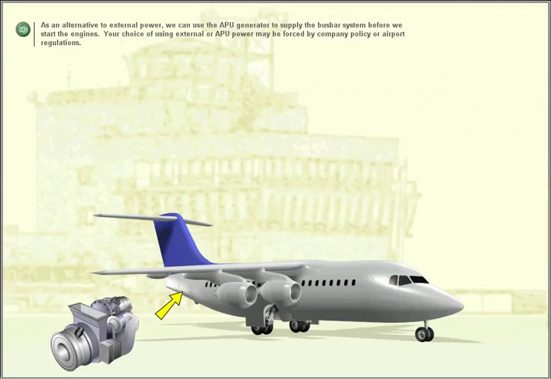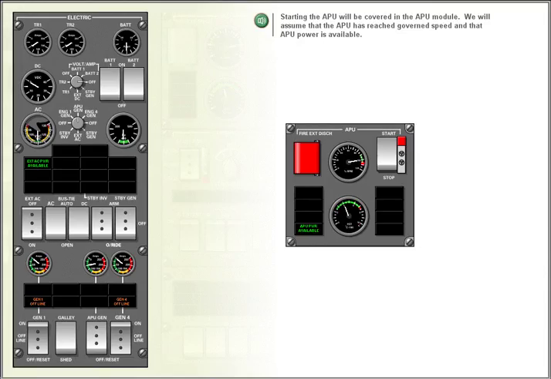As an alternative to external power, we can use the APU generator to supply the busbar system before we start the engines. Your choice of using external or APU power may be forced by company policy or airport regulations. Starting the APU will be covered in the APU module.